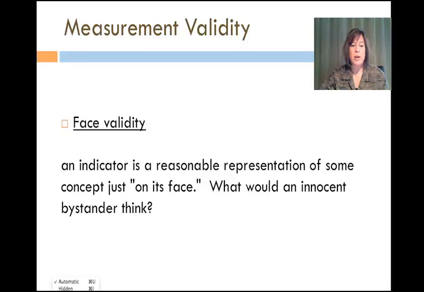So the concept of face validity, as I mentioned, is about does it seem like a reasonable representation on its face? What would an innocent bystander think about it? For instance, if you wanted to look at religiosity, you might be able to measure religiosity by asking your subjects, how often do you attend church?